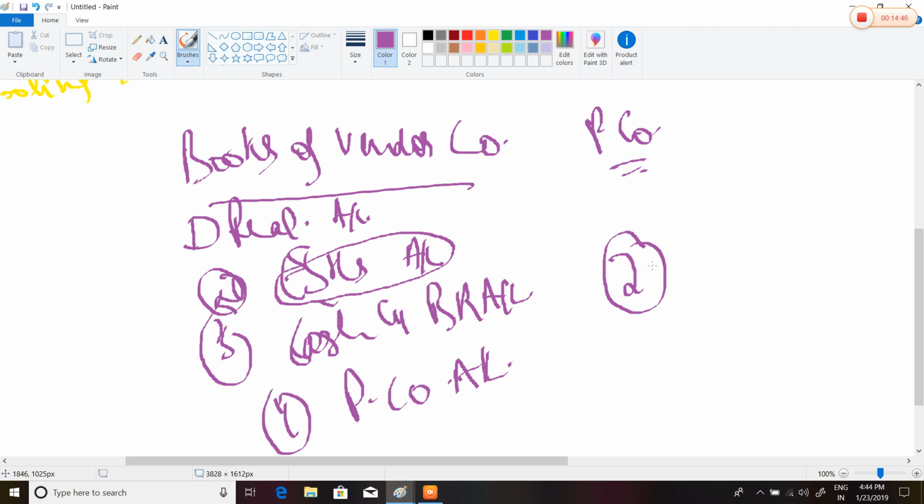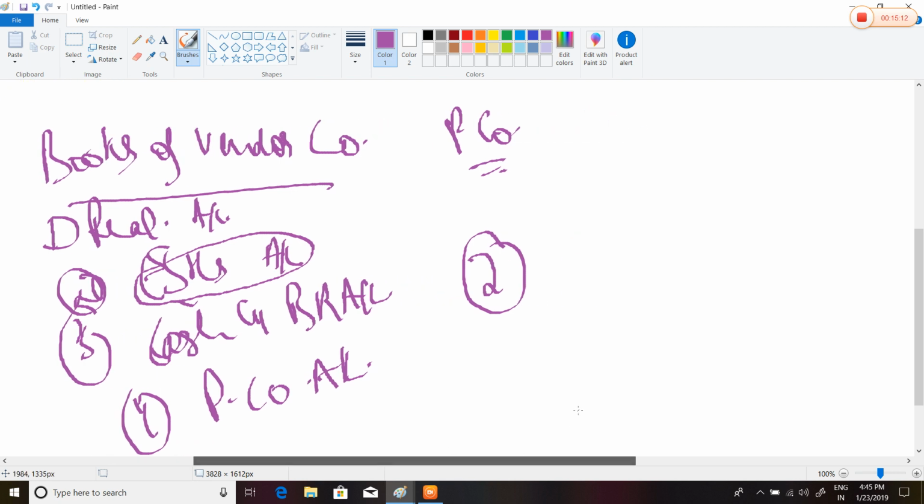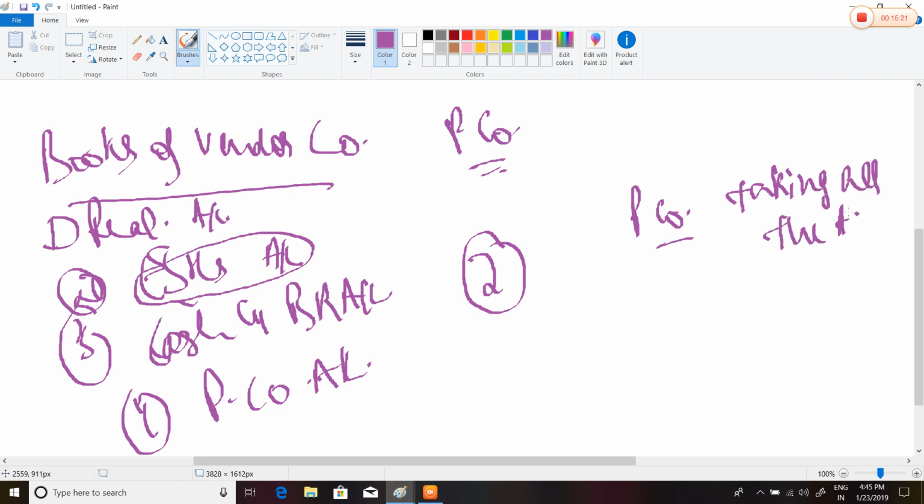In the absence of fair values and payable values, we can assume that the purchasing company is taking over all the assets and liabilities of the vendor company at book value.